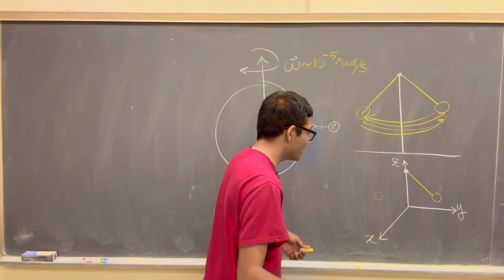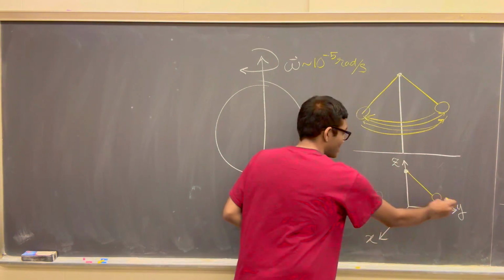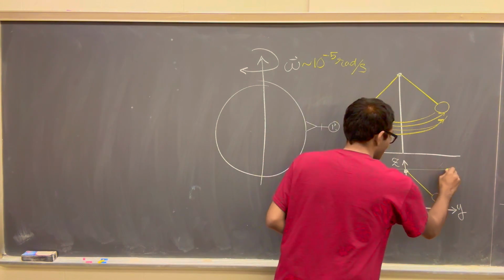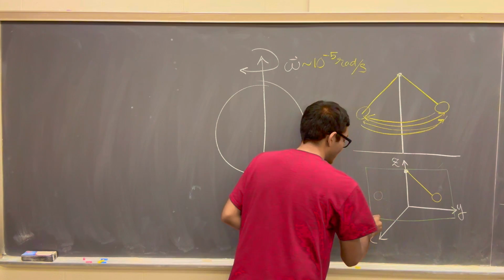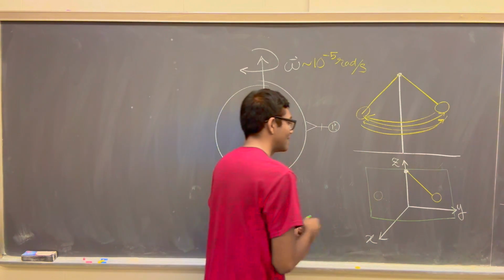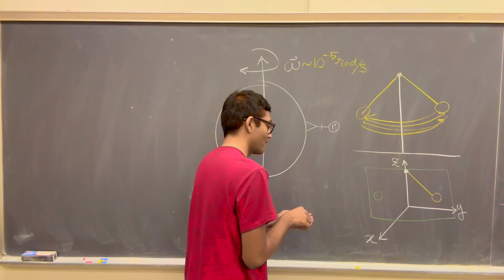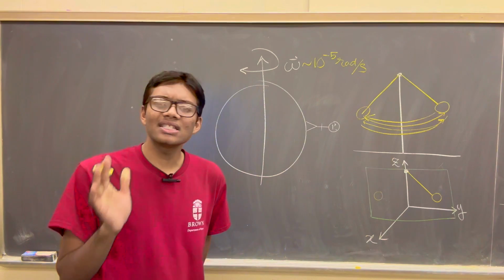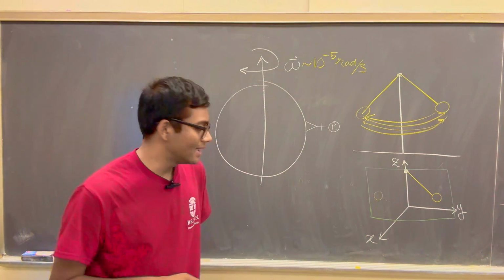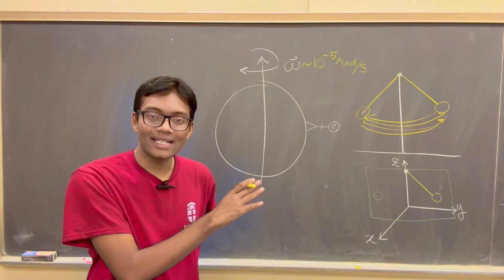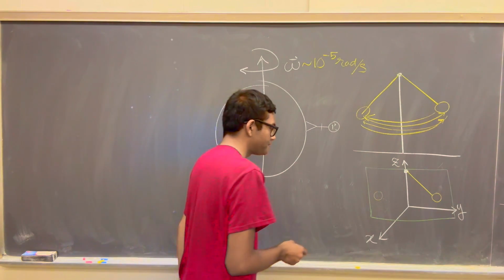Just watch very carefully. First of all, notice that the plane that the pendulum is oscillating in is some given plane. Let's say that's the 2D plane that the pendulum is oscillating in. Now, a Foucault pendulum is exactly similar to a regular pendulum, but it has some special constraints that make it very sensitive to the rotation of the Earth.